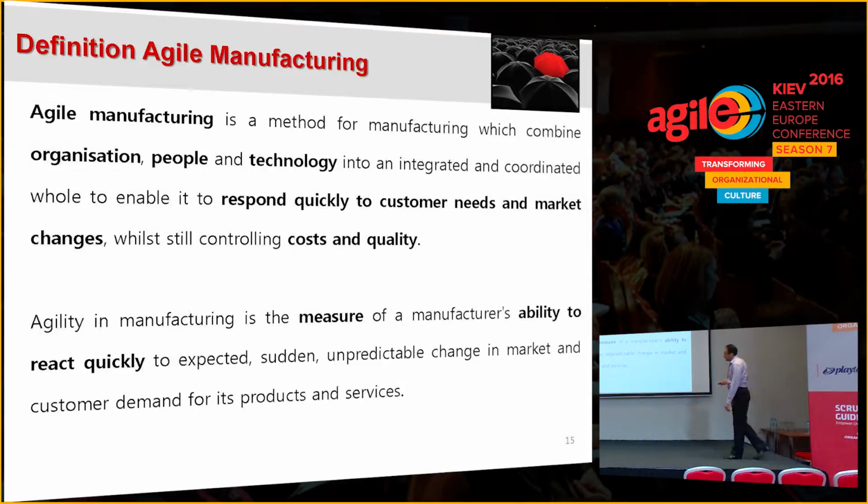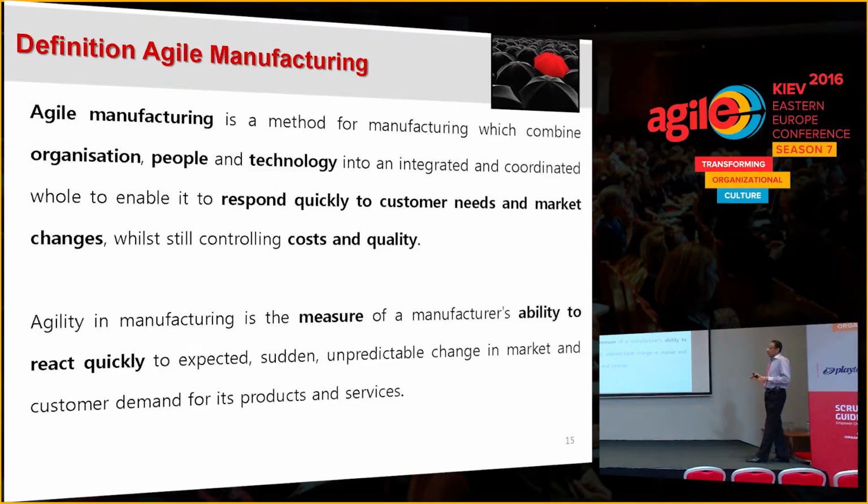Before we go straight on, we have to define agility in manufacturing, in the industry itself. Agile manufacturing is a method of manufacturing which combines 3 important things: organization, people, and technology. This combination allows the company to respond quickly to customer demand and market change.